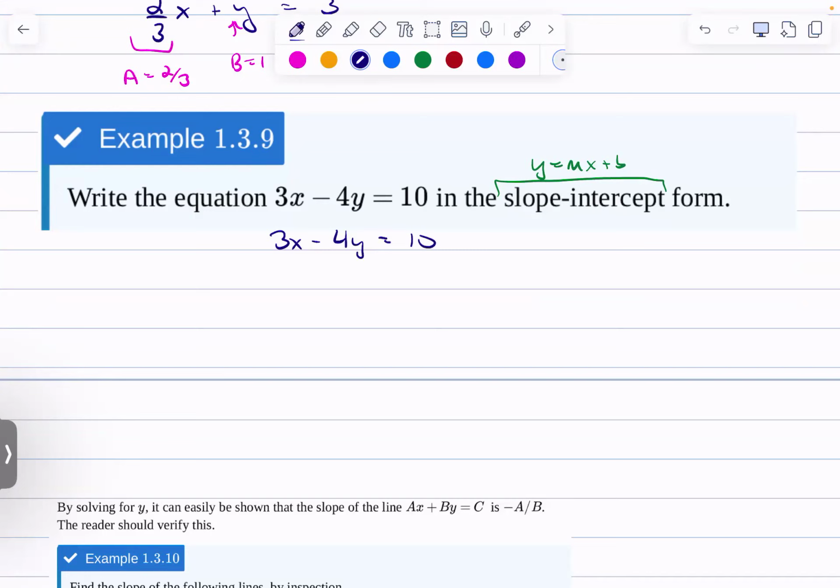If I want to solve for y, what's my first thing? I need to start chipping away at this y here. But before I can get to the negative 4 times y, I need to move 3x over to the other side. And so I have negative 4y is 10 minus 3x.